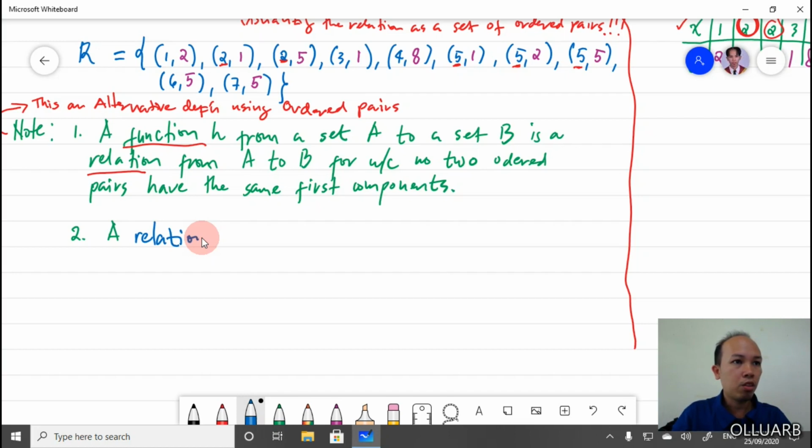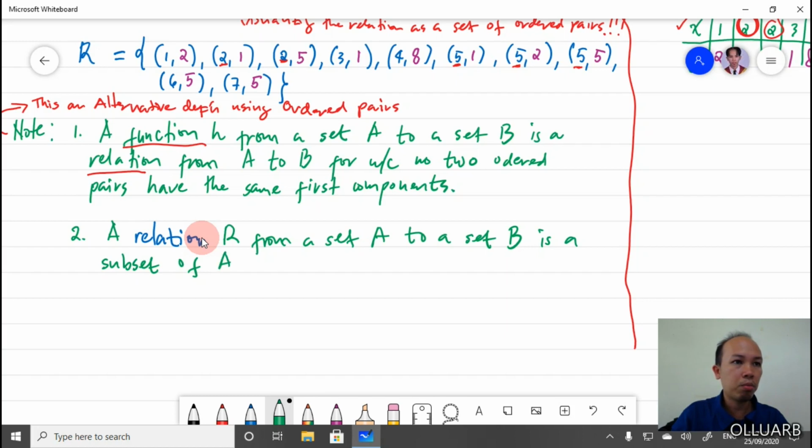A relation R, capital R, from a set A to a set B is a subset of A cross B.